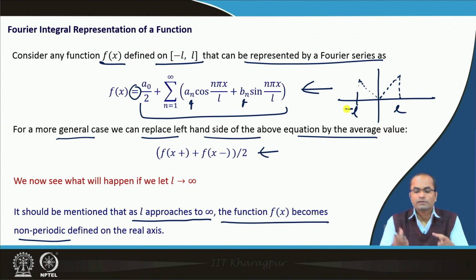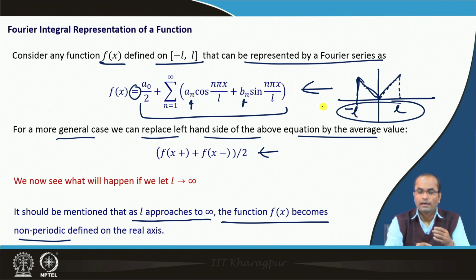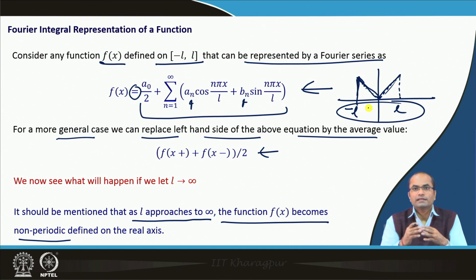The Fourier series will converge to the function whose period is exactly defined by this 2L, and it will represent this function in this interval, with the periodic extension on the whole real axis.